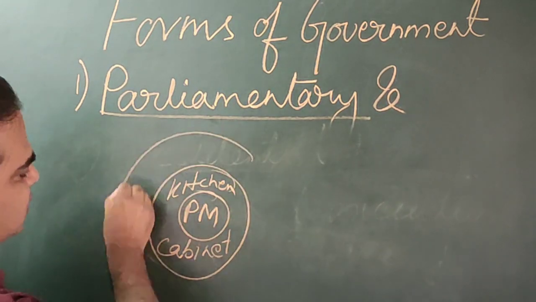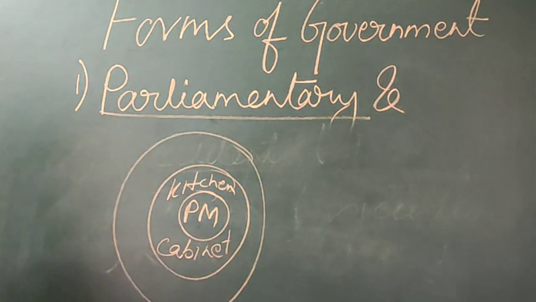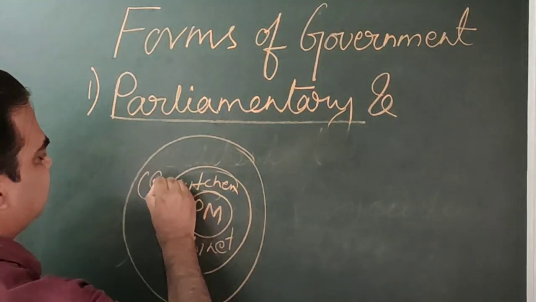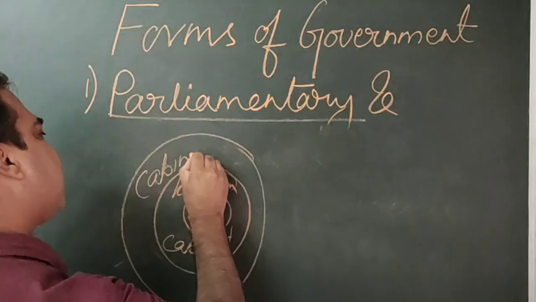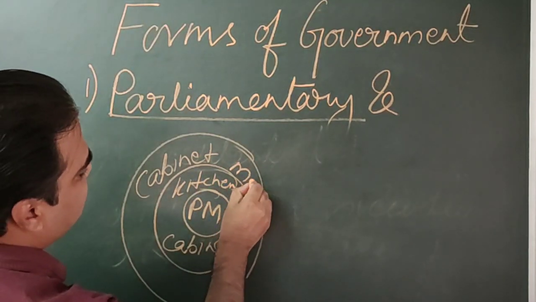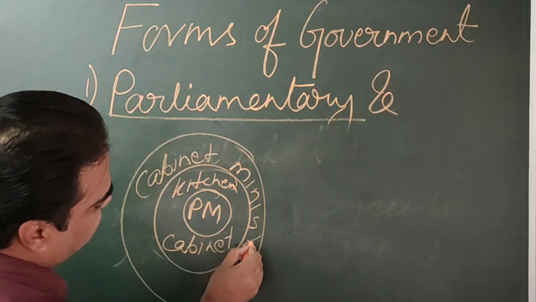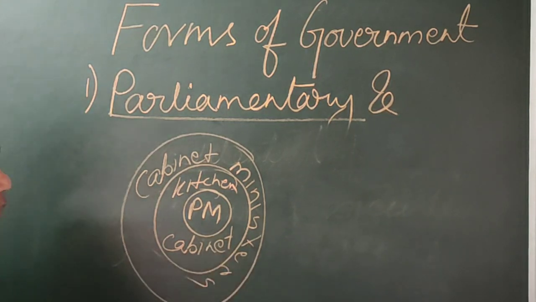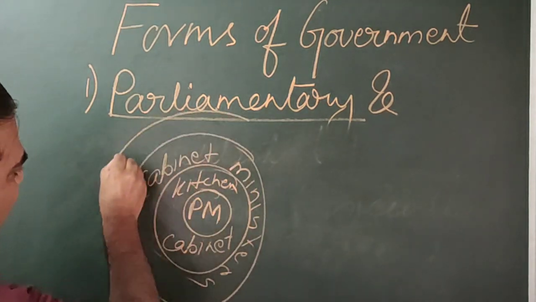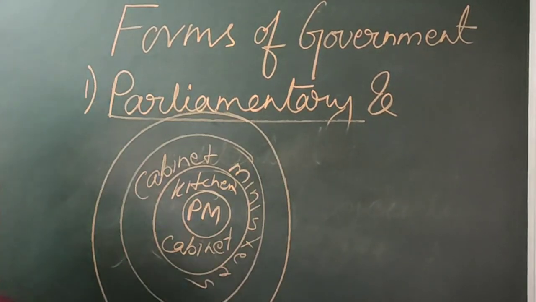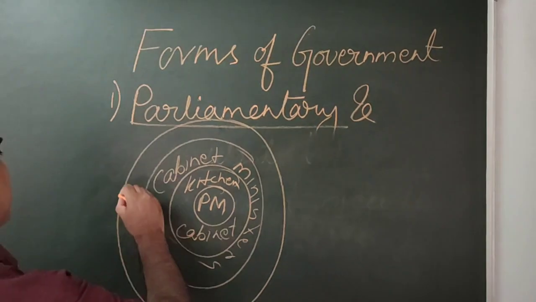Then the outer circle is the cabinet ministers. And this is the outer circle, the Council of Ministers.